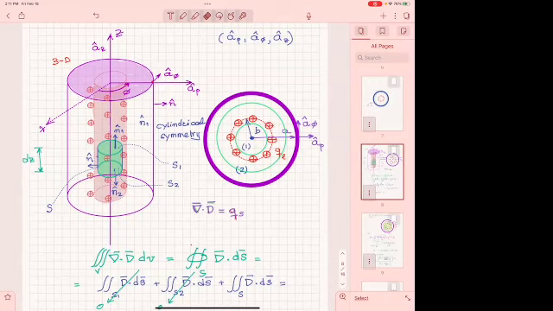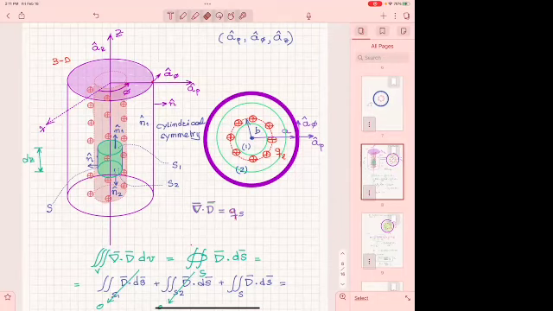Gauss's law. Remember we said that if you have a symmetry, spherical symmetry, cylindrical symmetry, or an infinite plane with uniform charge everywhere, then we use Gauss's law, because it's the easiest one to incorporate in a solution and then give us a result.